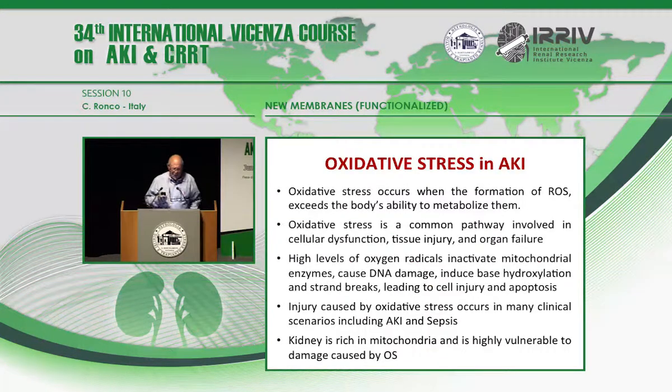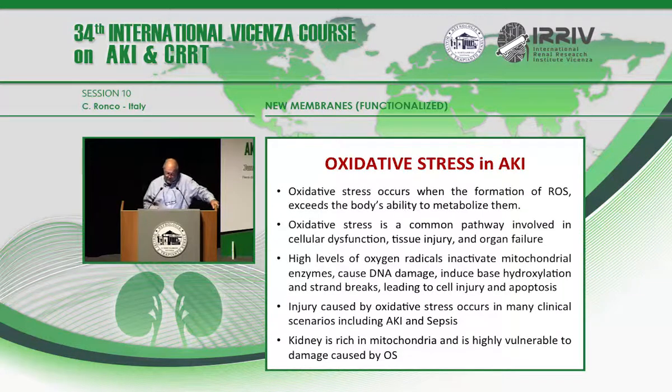How? Well, first of all, let's focus on the fact that oxidant stress occurs when formation of reactive oxygen species exceeds the body's ability to metabolize them. Oxidant stress is a common pathway involved in cellular dysfunction, tissue injury, and organ failure. High levels of oxygen radicals inactivate mitochondrial enzymes, cause DNA damage, induce base hydroxylation and strand breaks, leading to cell injury and apoptosis.